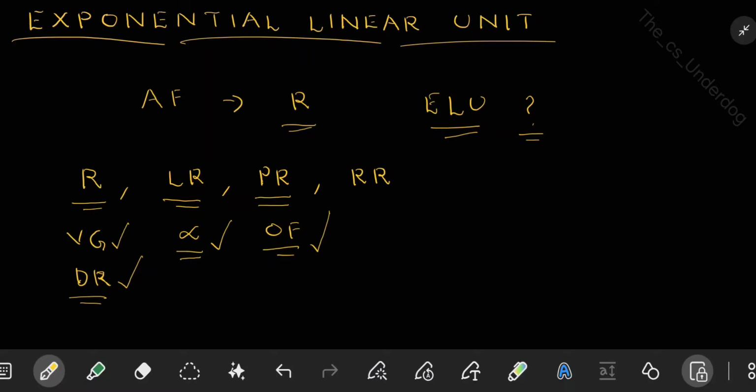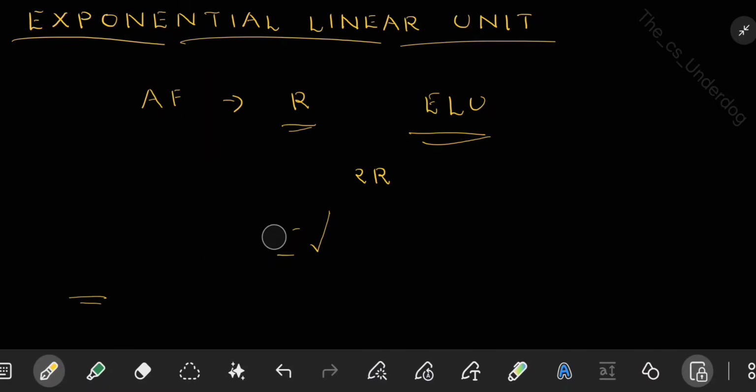So the question is, what are the problems that we are still looking at? What is it that you want to solve using ELU or exponential linear unit? So we'll first outline two problems that we want to mainly tackle, and then we'll see how we are tackling those problems using ELU. Okay. So the first problem we want to look at is already a very common one.